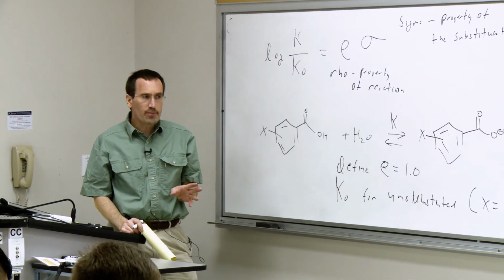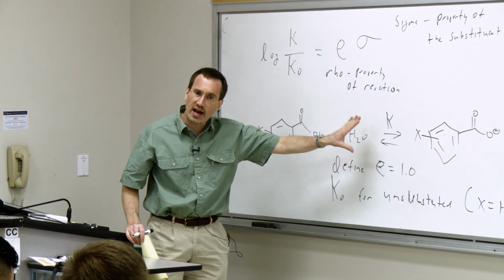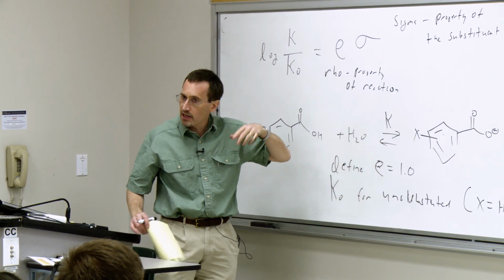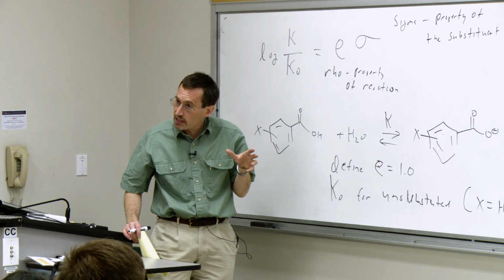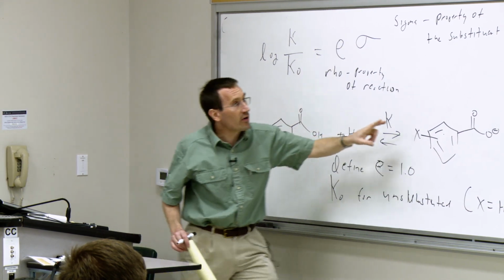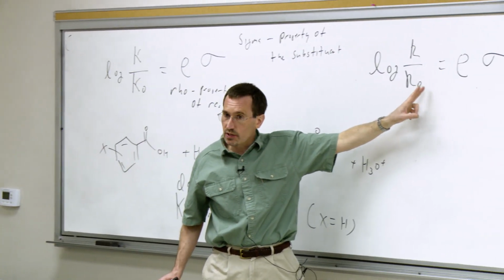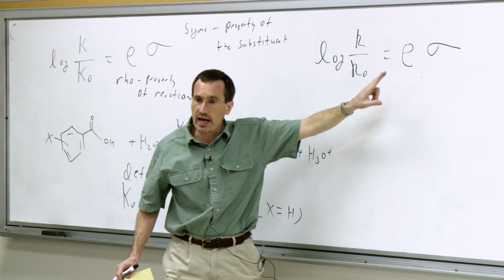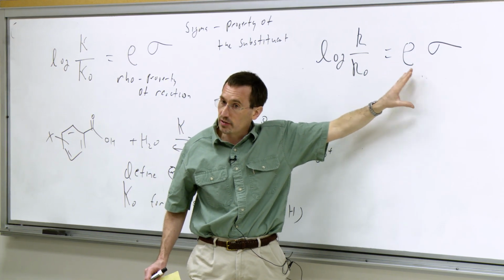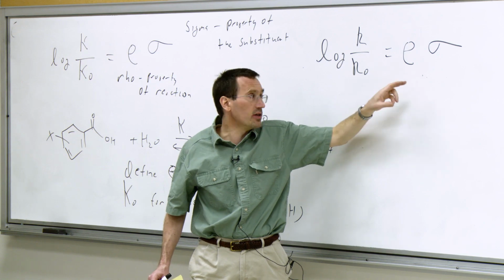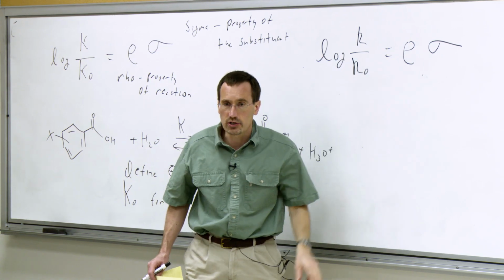And this very simple idea is that once you define for substituents their effect on stabilizing or destabilizing, then for every equilibrium and for every process where you have a substituent on it, you can say that reaction's going to have a certain perturbation from the substituent, and the degree of perturbation is rho.